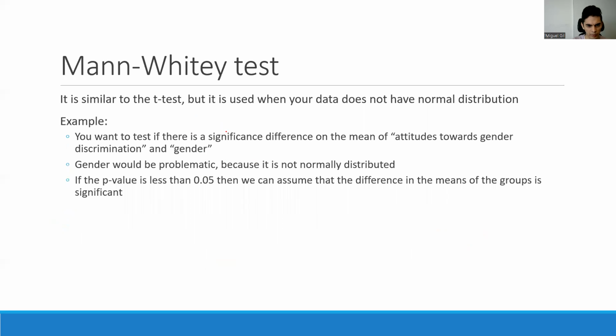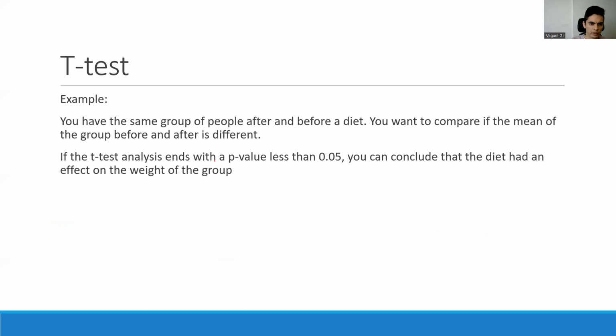So in this example, we want to test if there is a significant difference in attitudes toward gender discrimination and gender. So my research question is: is there a significant difference in attitudes towards gender discrimination depending on whether you are male or female? That's my question. So you can do a t-test, but it doesn't work because gender doesn't have a normal distribution, right?